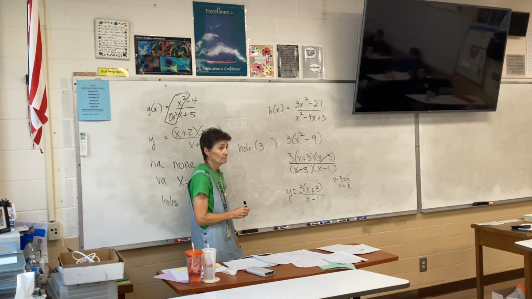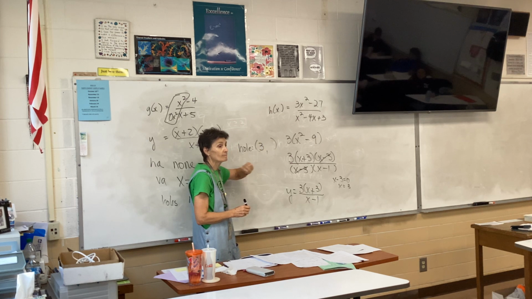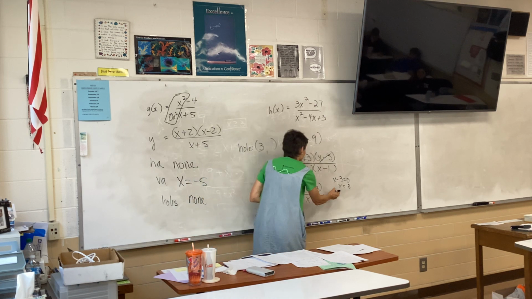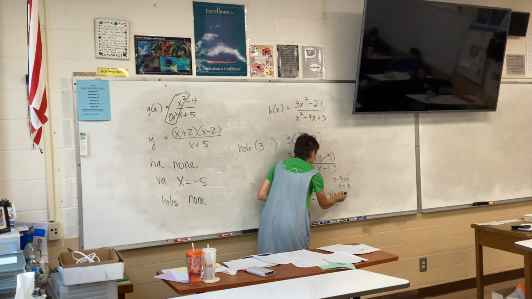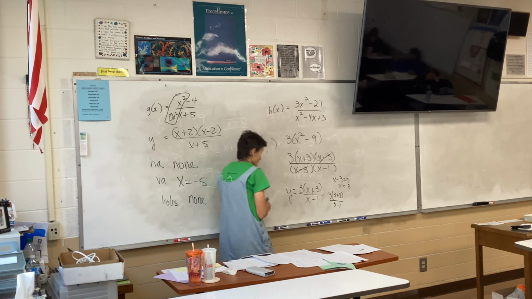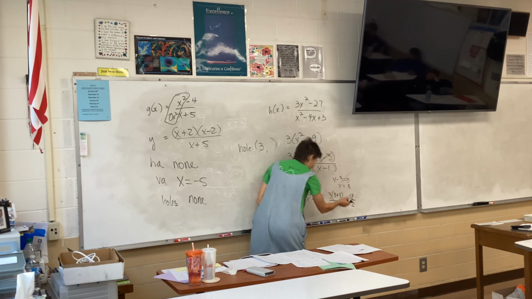That's what canceled out. How do I get the other half of the point? Plug 3 back into here. So I have 3 times 3 plus 3 over 3 minus 1. So that is 18 over 2. Did you get 9?